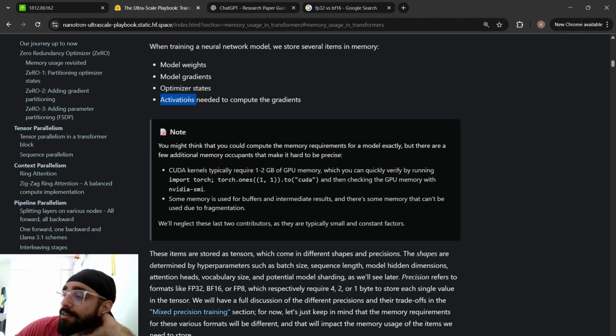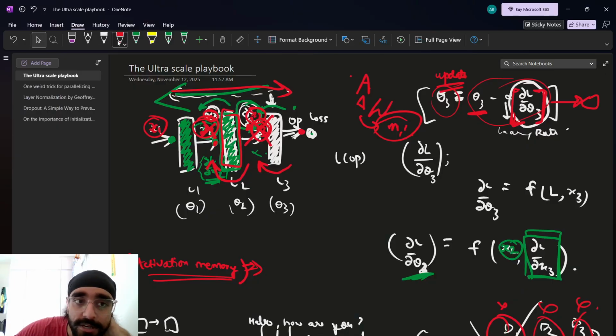And activations are a little tricky. When I said that you need to store x2 in this layer, this is not fully true, because there are certain operations where you do not need to store it.